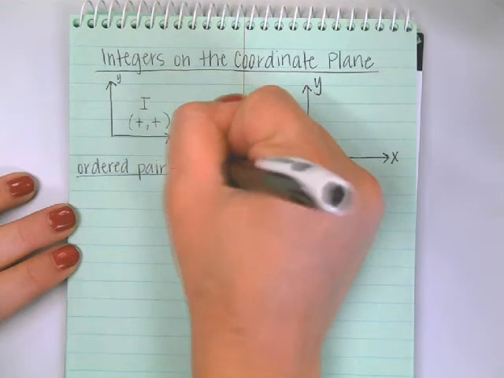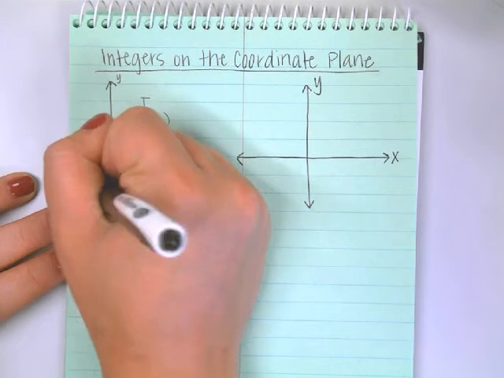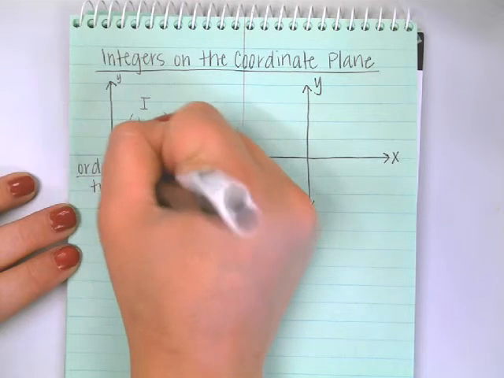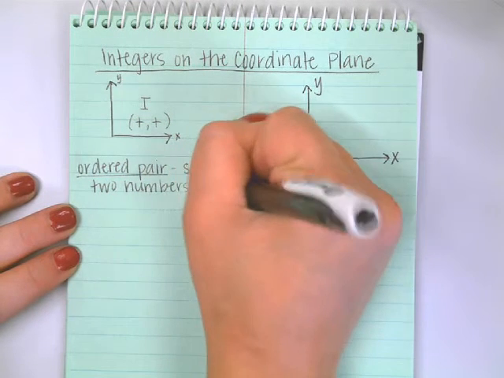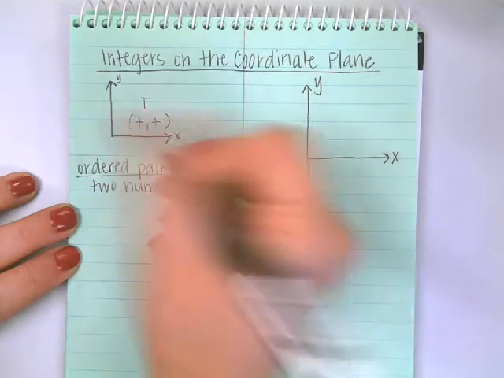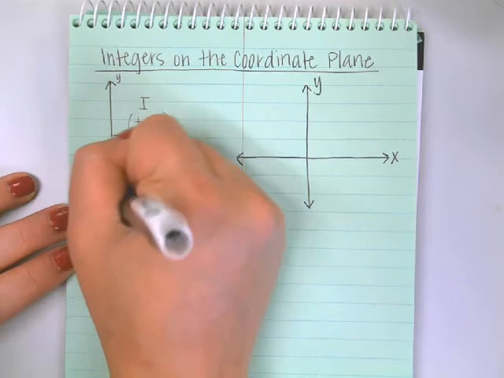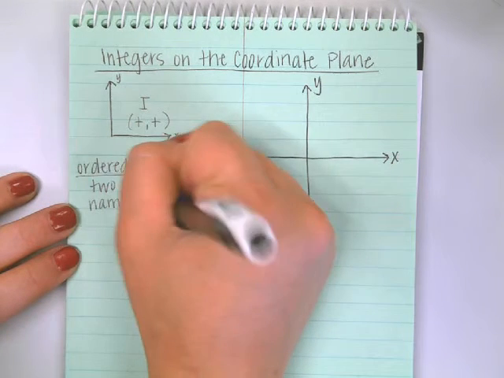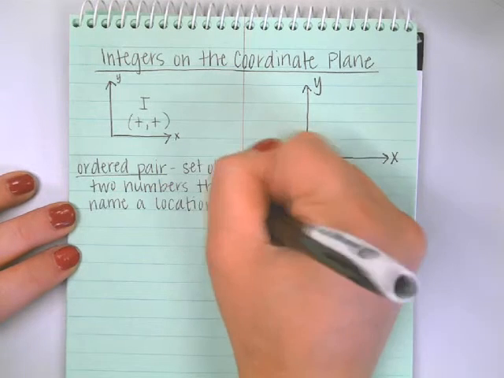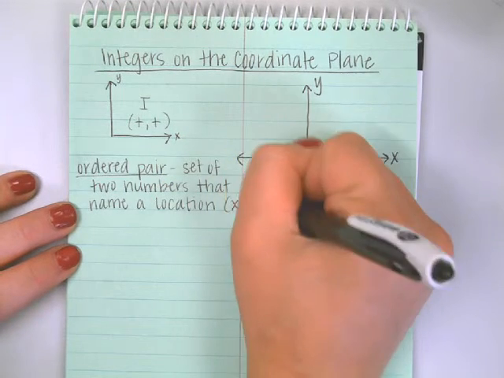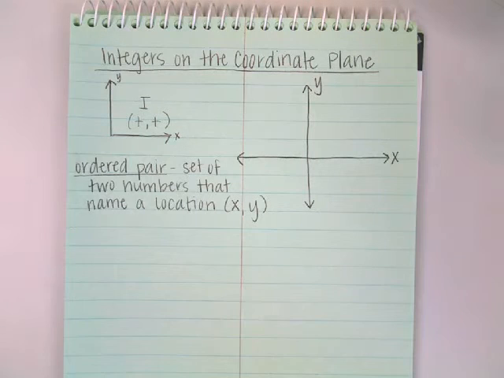The ordered pair is a set of 2 numbers that name a location on the coordinate plane. And you have an x-coordinate and then a y-coordinate.